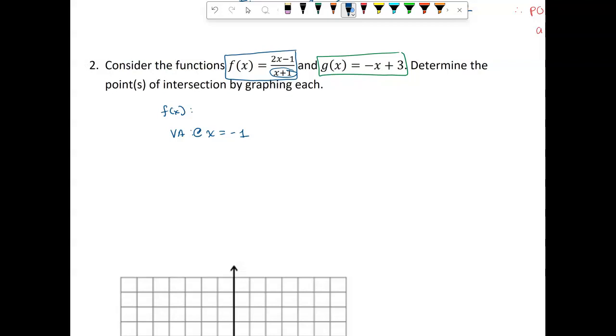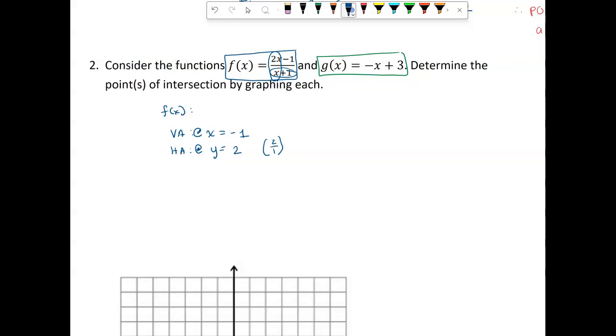And then the horizontal asymptote, we know, happens from the coefficients of the first two terms here, and that's going to mean that it's 2 divided by 1, so the horizontal asymptote happens at y equals 2, right? Because we have that 2 over 1x there, or what we used to say, ax over cx.